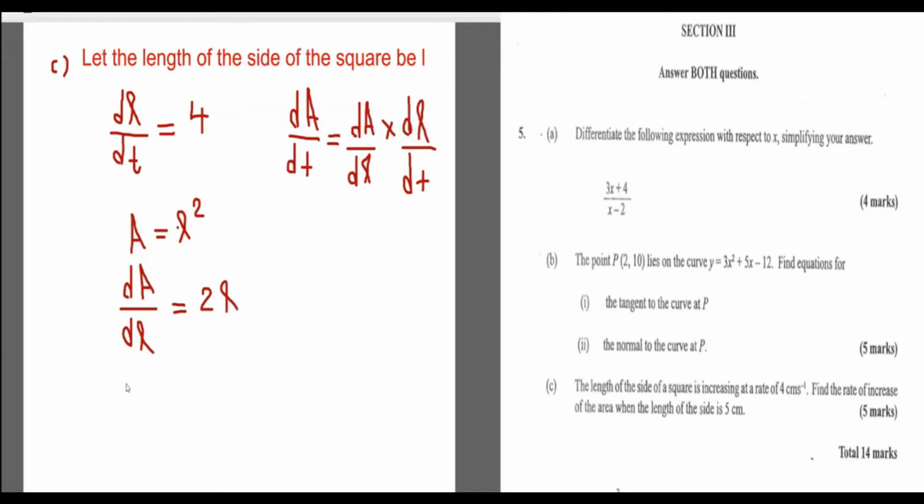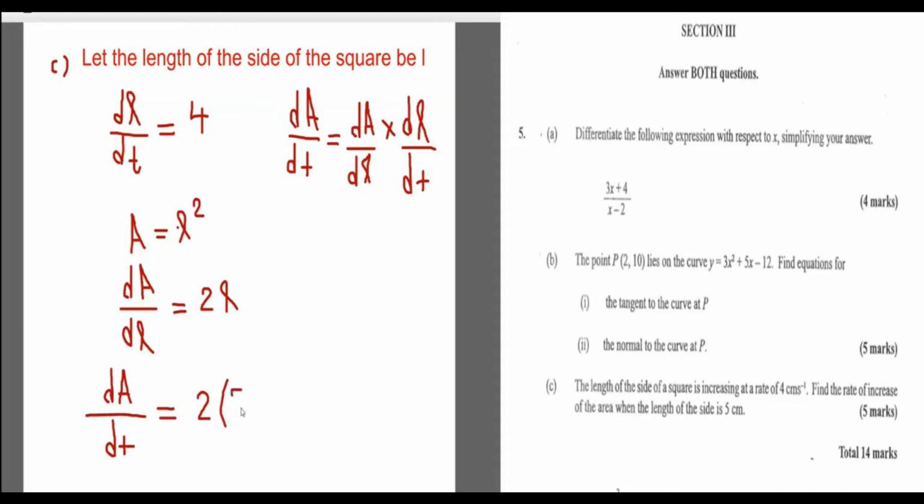So now we can find dA by dt. dA by dt is equal to dA by dL, which is 2 times L, and they tell us that L is 5.